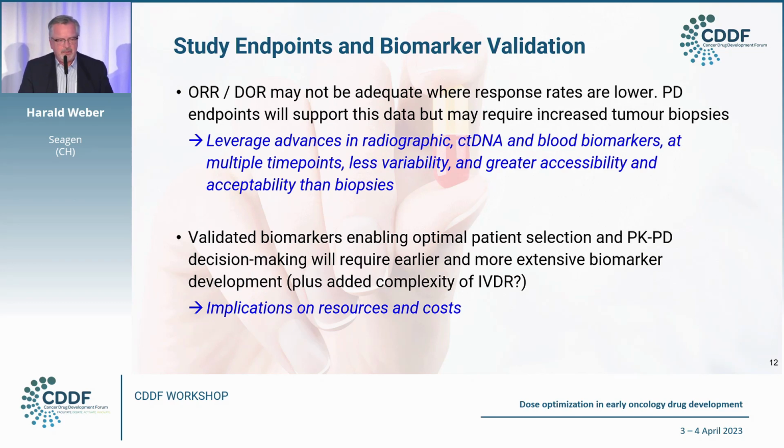We have heard before already that the typical endpoints that we are looking at the moment, response rate and duration of response, may not be entirely adequate anymore. So we need to leverage advances in radiographic or ctDNA and blood biomarkers, and probably do some sampling at multiple time points in order to have lower variability and greater accessibility and acceptability than biopsies do.